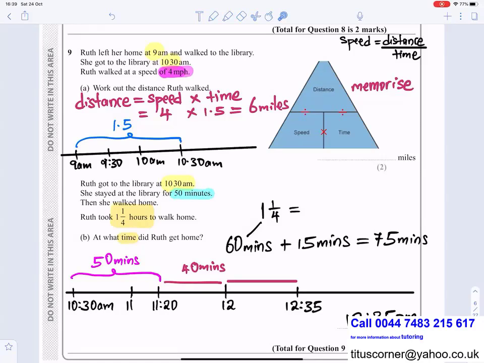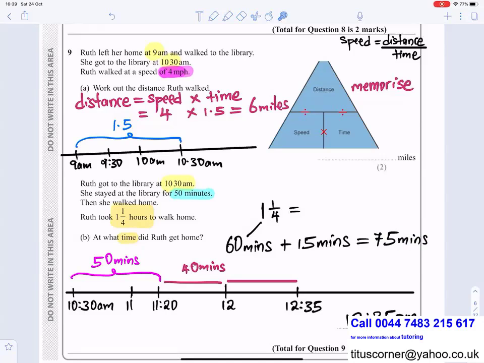So from 11:20, she starts to walk home, and it took 1.25 hours. 1.25 hours is 60 minutes for 1 hour and 15 minutes for a quarter. 60 plus 15 gives you 75 minutes.